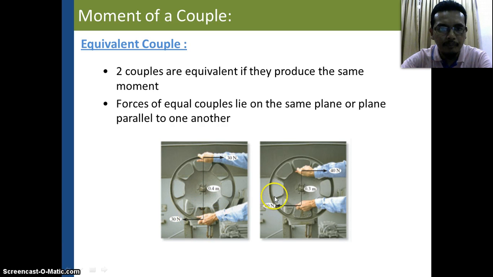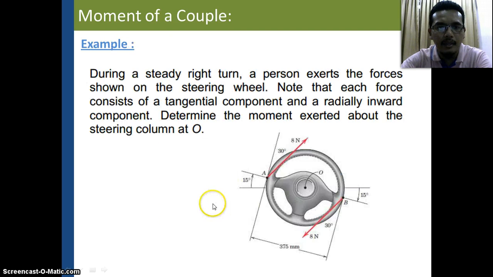For example, 30 multiplied by 0.4 is also the same as 40 multiplied by 0.3. Although the magnitudes of the forces are different, 30 and 40, when you multiply the force with the separated distance d, you get the same magnitude of moment. So two couples are equivalent if they produce the same moment.